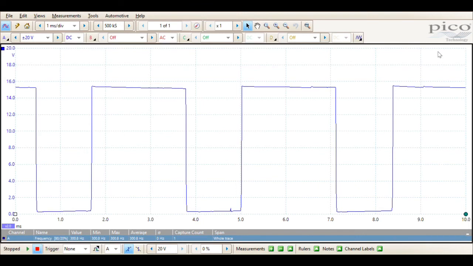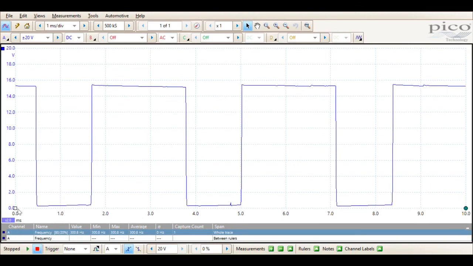Right, so we can measure that on this, even though this isn't a crankshaft position sensor. We could still take a measurement, and the first and most accurate way to do that would be to add a measurement down here, and we would do it on channel A, and we'd say frequency, and we're going to do it between rulers.